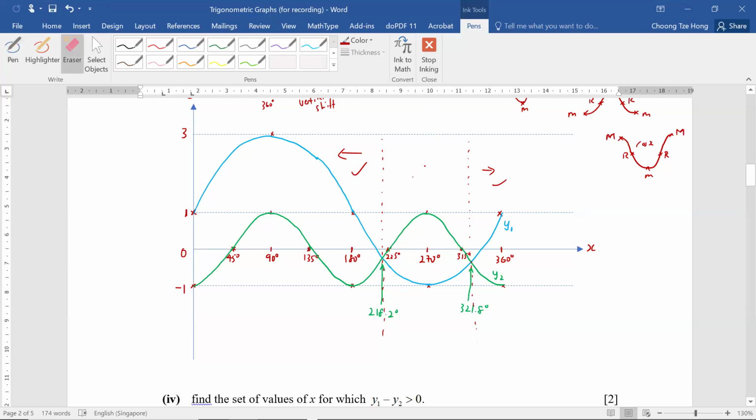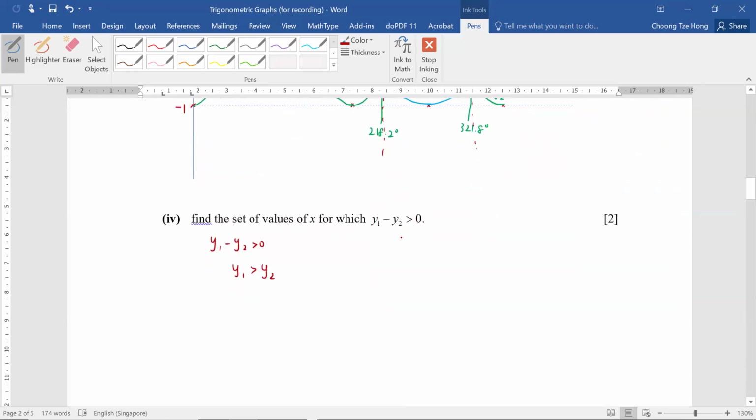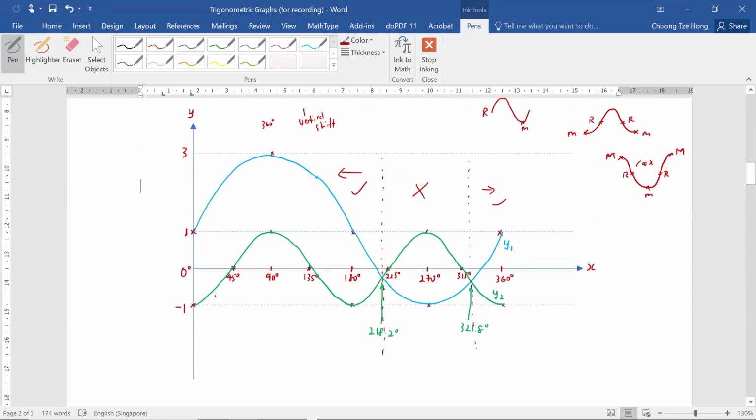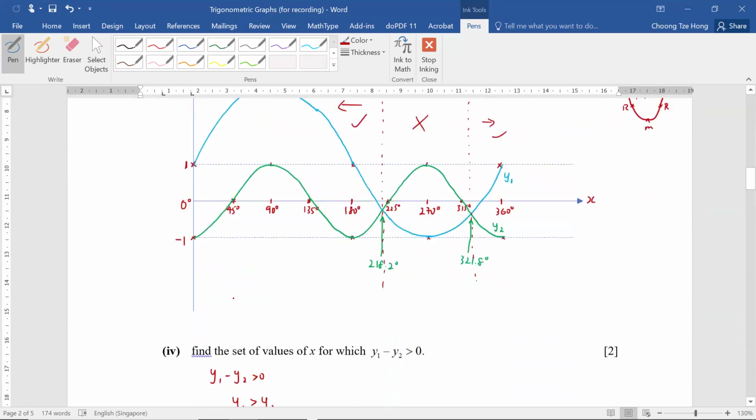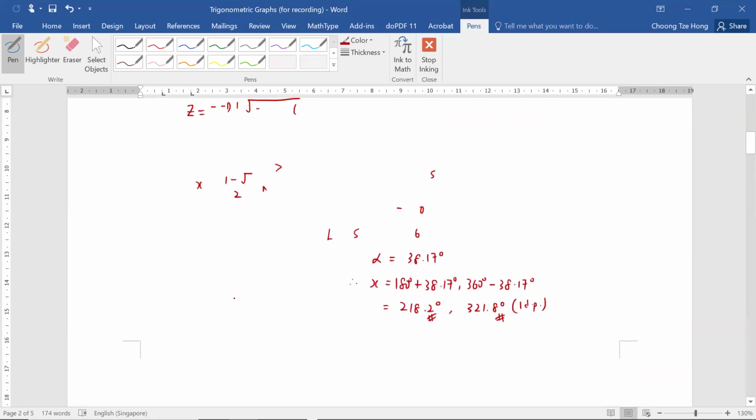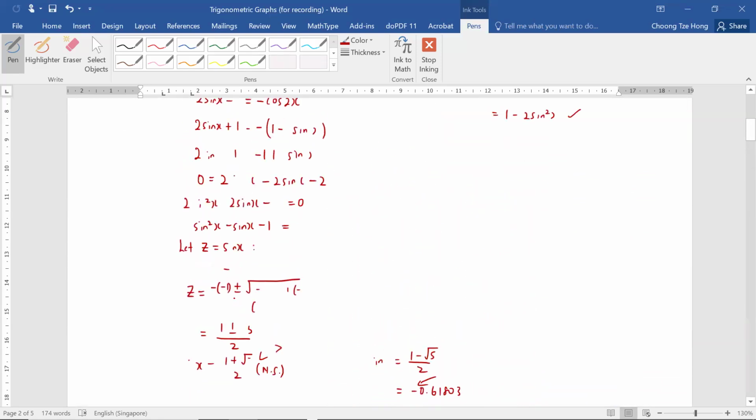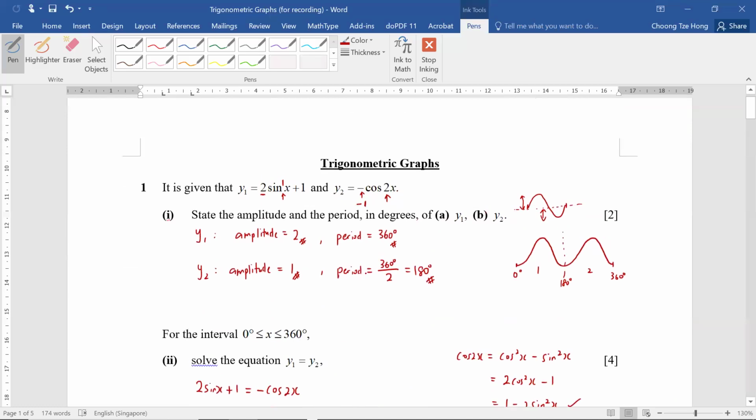All you need to do is just write down the range of x. Over here is 0 degrees. So x greater or equal to 0 degrees, but less than 218.2 degrees. Greater or equal, because we drew the graph, and the range that we are given for the interval down here has the equal sign, right?